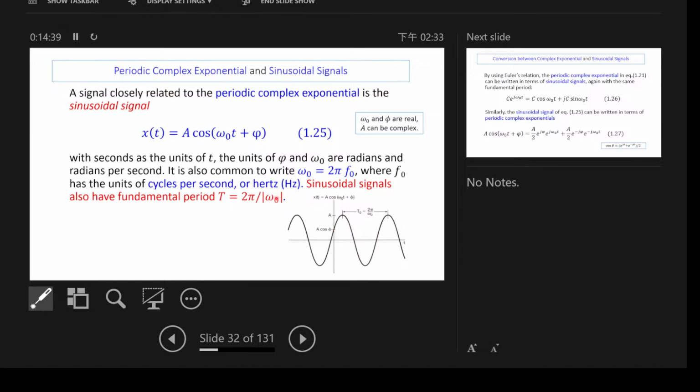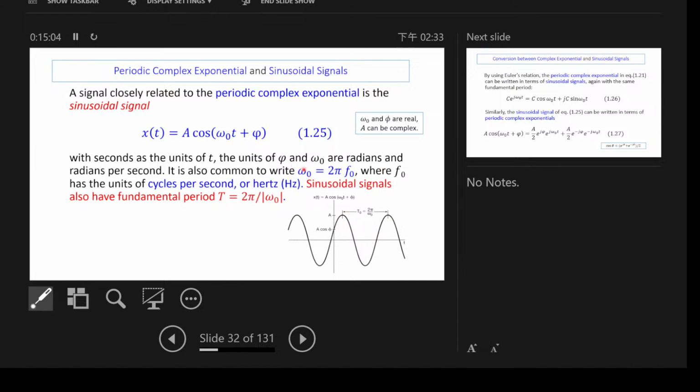There are some other notations. Usually this omega naught has units of radians per second, and sometimes you also want to see how many cycles per second your signal is oscillating.